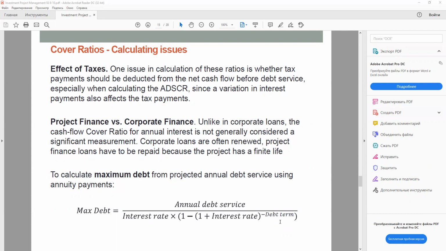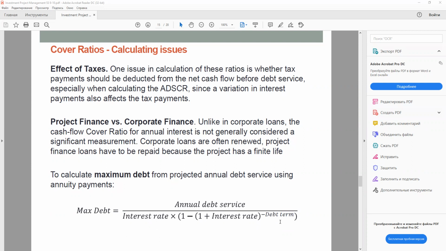This is because corporate loans are often renewed, whereas project finance loans have to be repaid because the project has a finite life. Therefore, the project company must be able to reduce its debt each year as scheduled, and payment of interest alone is generally not adequate.